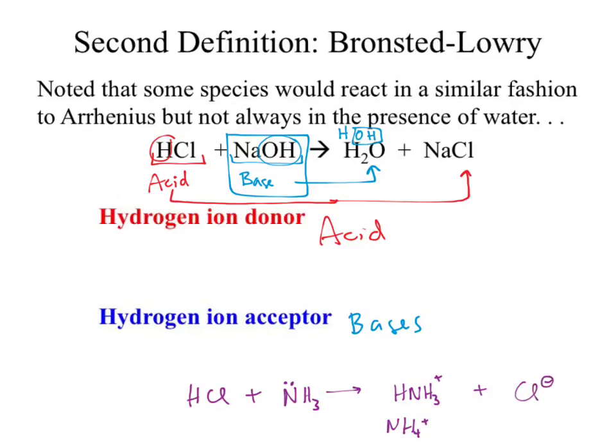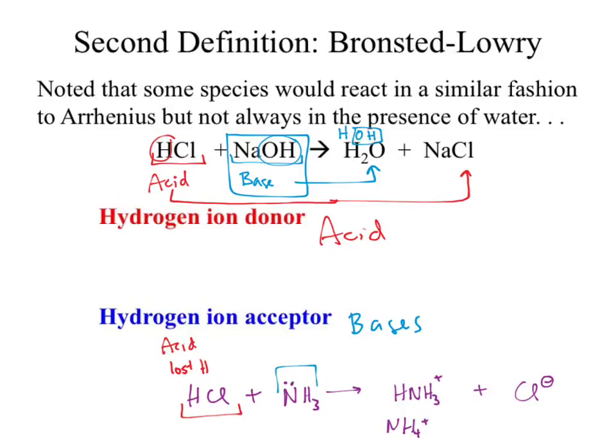Notice there's no hydroxide. But what happened in the course of the reaction? HCl did what? Donated or lost a hydrogen. So if it lost a hydrogen, what does that make it? An acid.